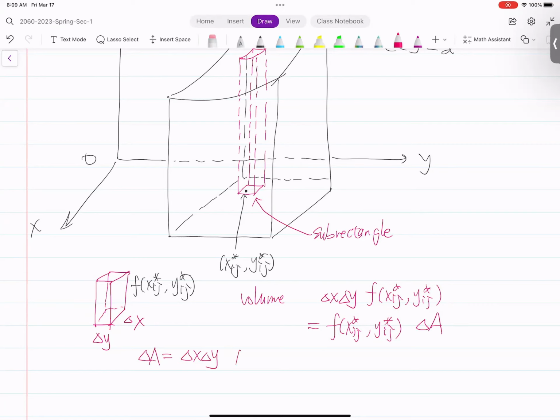This is the area. And it turns out that in this situation we have a rectangle in the base, but if you subdivide it into other shapes like triangles, that's why we write delta capital A here.